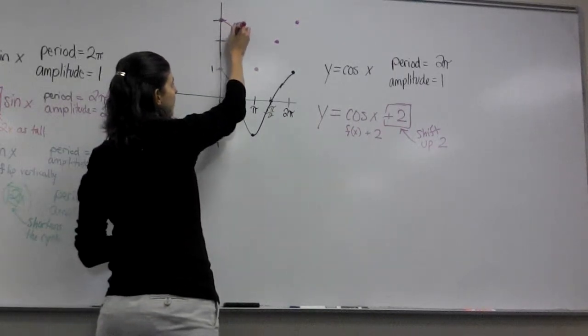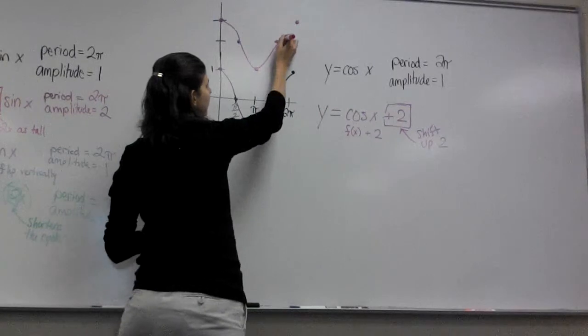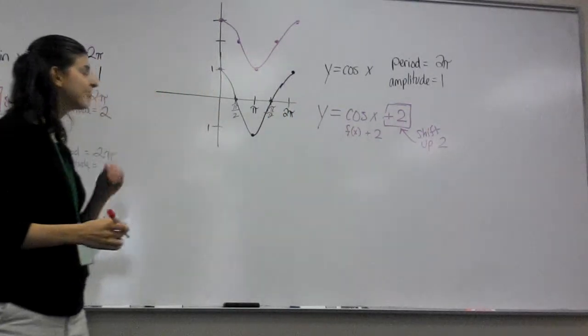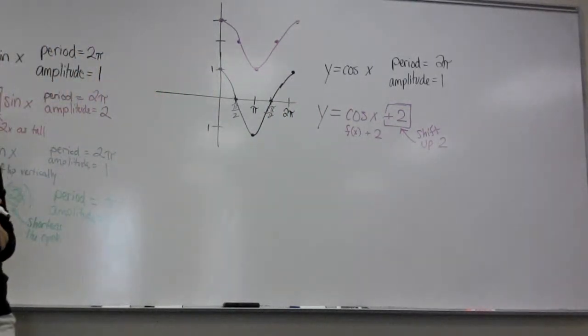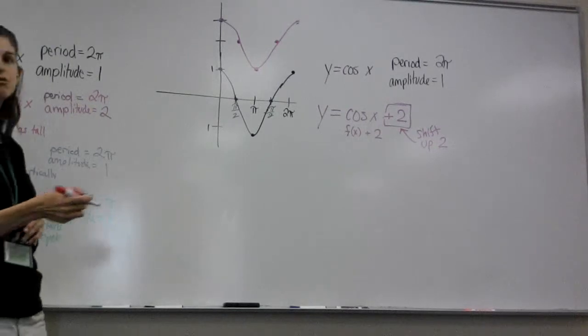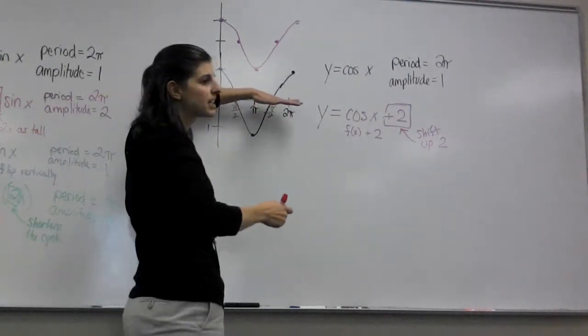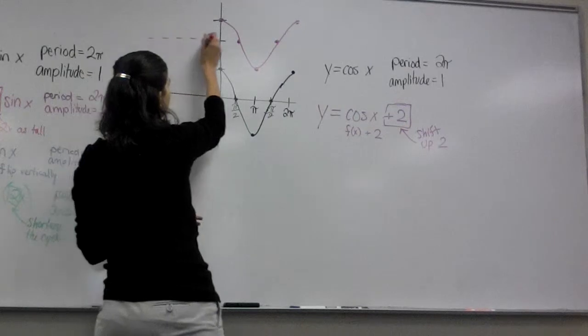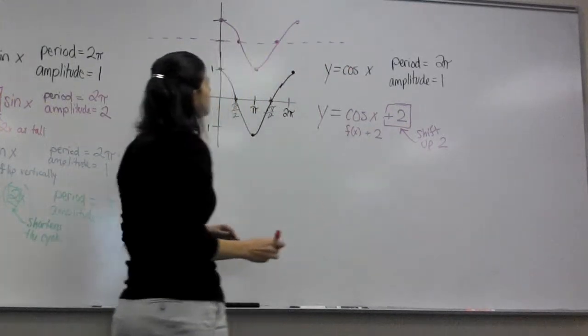So your graph looks something like this. Even your center axis of oscillation has been shifted up 2 units. So instead of oscillating around the x-axis, you're now going to oscillate around the line y equals 2.